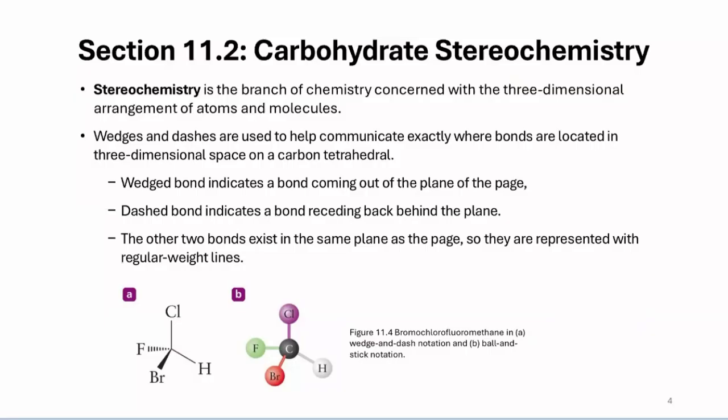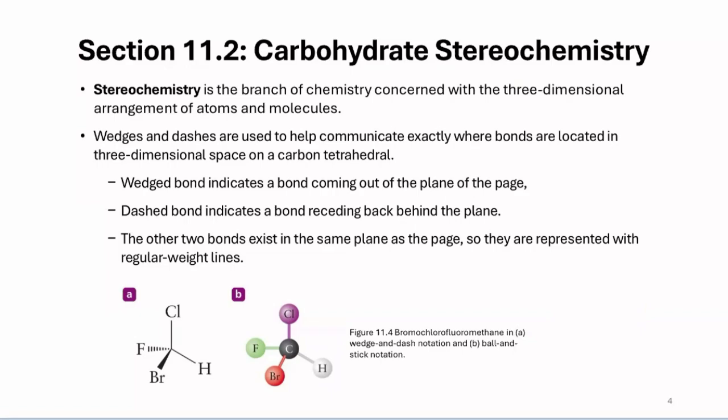Many of the carbons, except the one that is present in the aldehyde or the ketone, meaning the carbonyl, are going to be tetrahedral. And since there are many carbons in carbohydrates that are tetrahedral, we can use different symbolisms to show the 3D structure of those tetrahedral carbons.